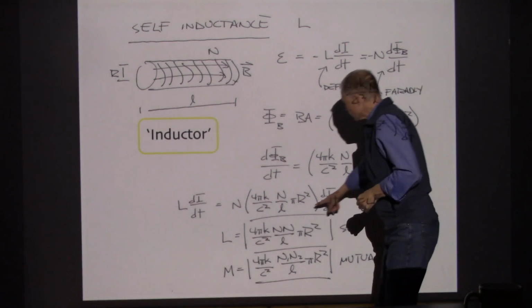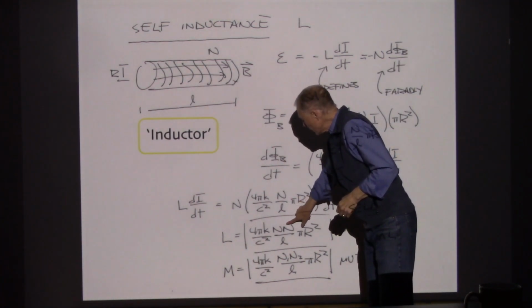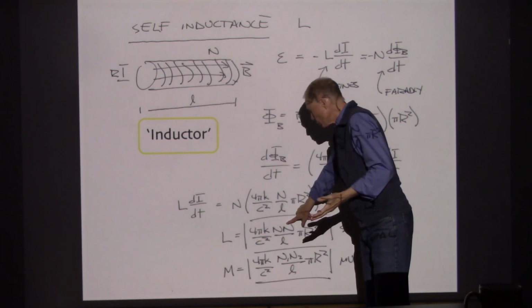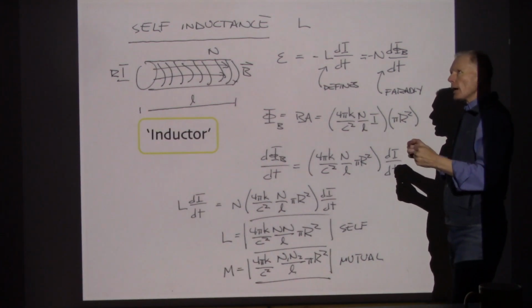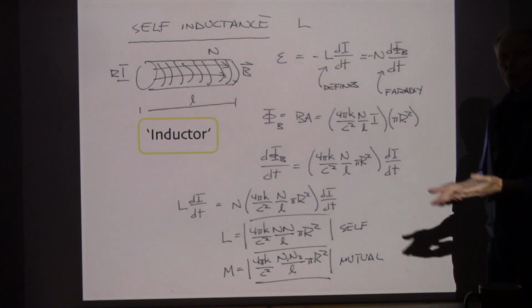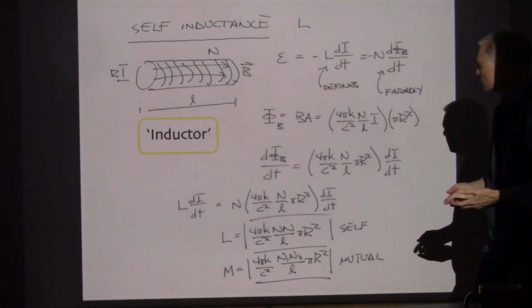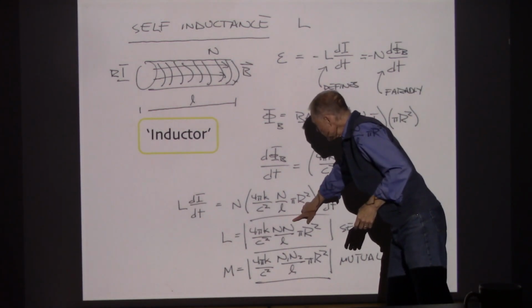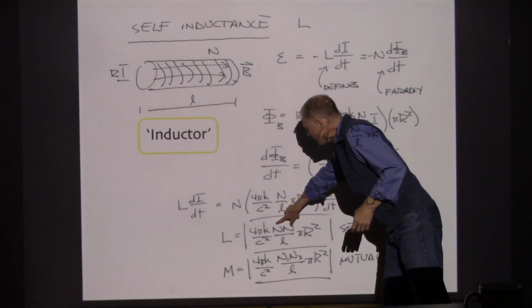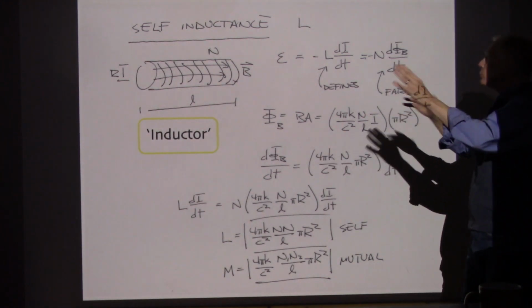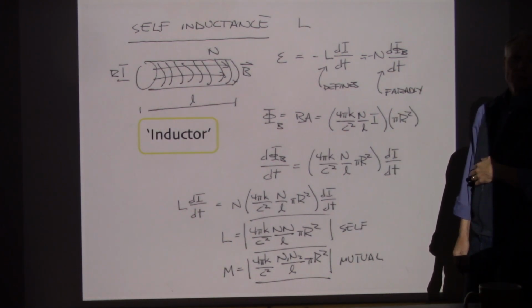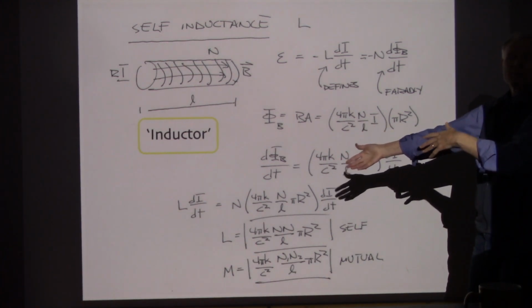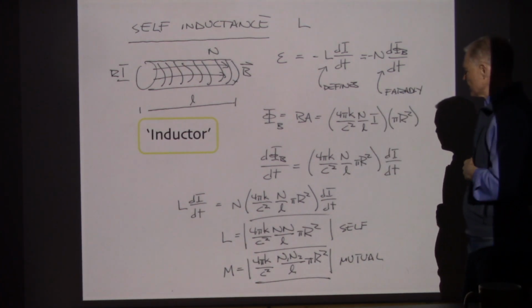For the self-inductance, it depends on the number of loops times the number of loops. It takes N loops to create the electric field effect, so N loops create the effect and N loops feel the effect. So every loop feels the effect of every other loop. Every loop creates an effect, and all of the loops experience that effect.